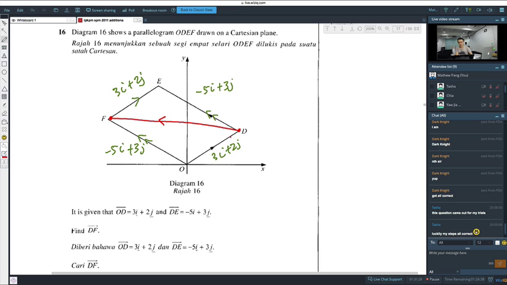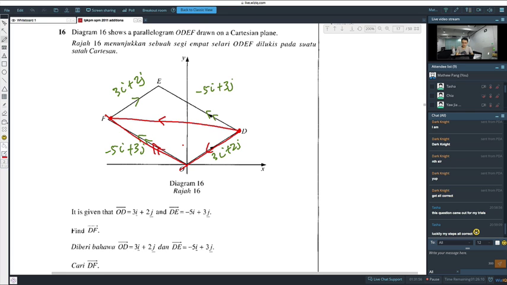You have the longer way, means you can go this direction, D to O, O to F. So if this is my home and this is my school, I can go to school using another journey: from D go to O, O go to F. Or I can from D go to E, E go to F. Either one should be good, but I will choose this one.